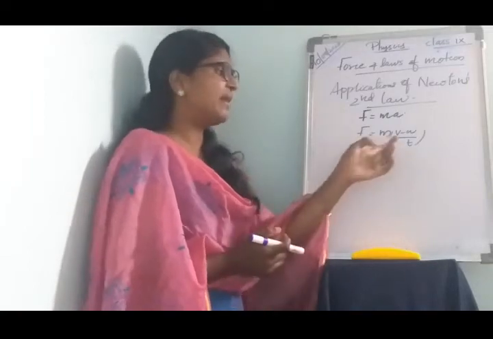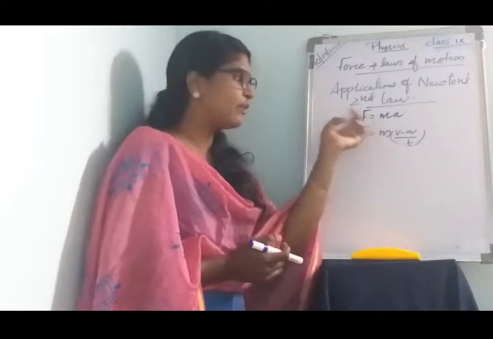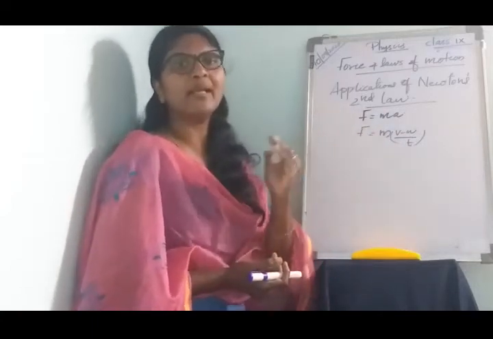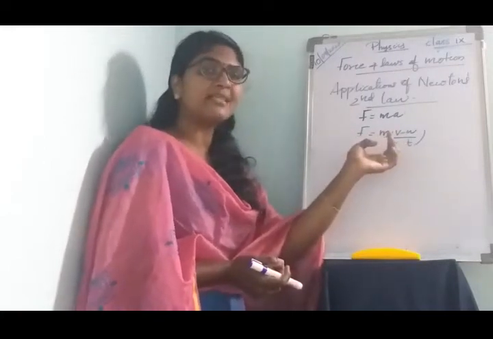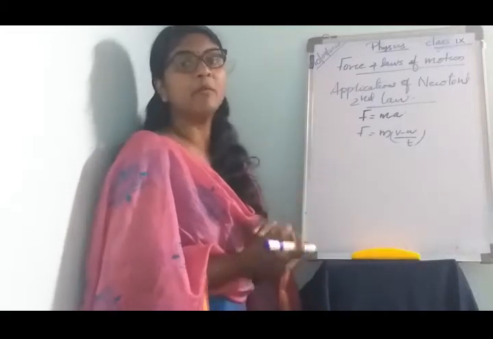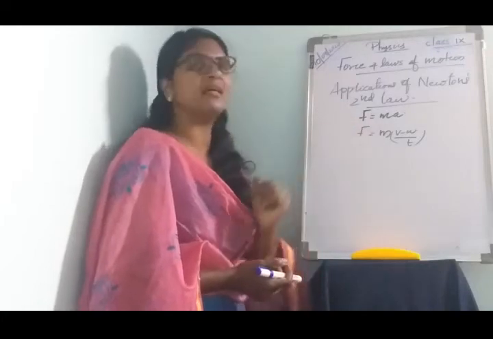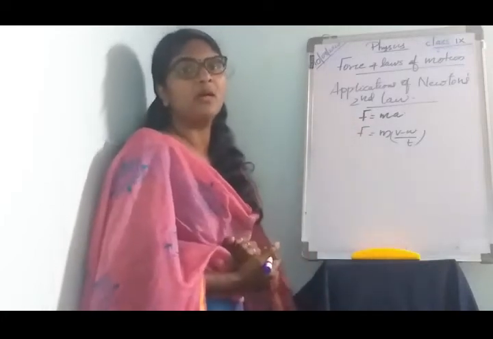As time increases, the force gets reduced. Here, when the player falls on a hard floor or hard ground, it takes less time to reduce his momentum to zero. As time decreases, the force increases, so a greater force is exerted on him.